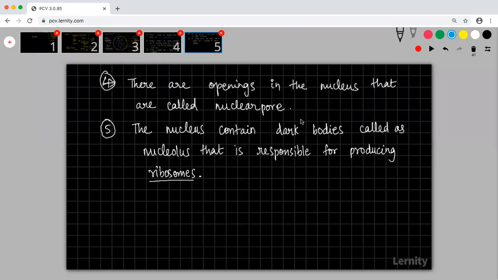You're asking what will happen if the cell does not have the nucleolus? I am just explaining the role of the nucleolus. Please first understand. Yes, I will show all the slides at the end. I am able to see your comments. I will respond to you.